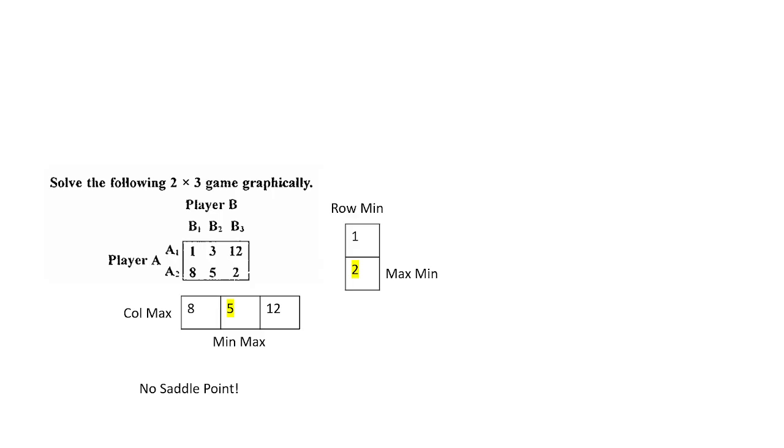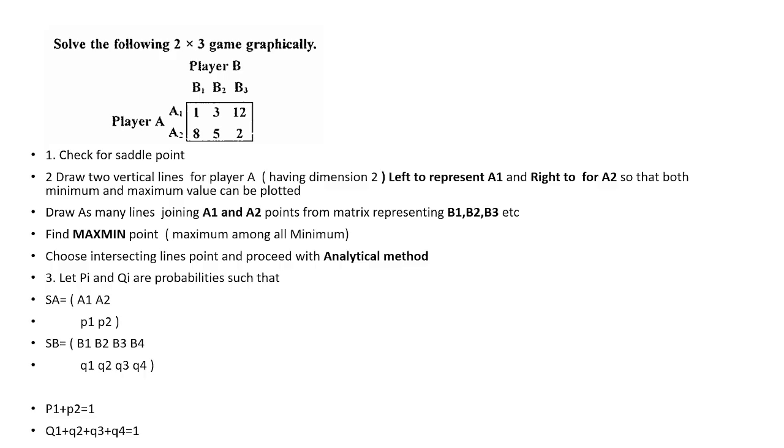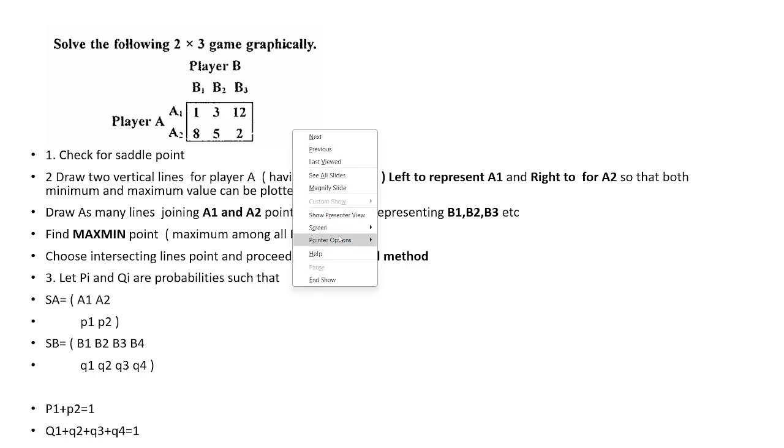For the column maximum, the minimum among the maximum is 5. As you can see, there is no saddle point. These two points are different. There is no common intersection point. So, to proceed to find the value of the game, graphical method is necessary. So we have checked the saddle point. Saddle point is not there in this game.